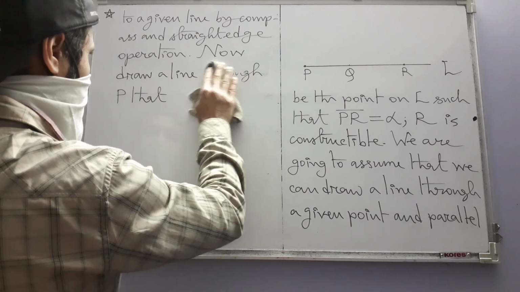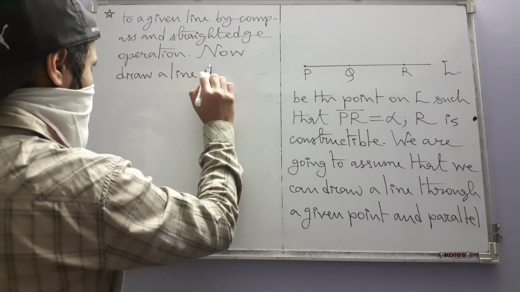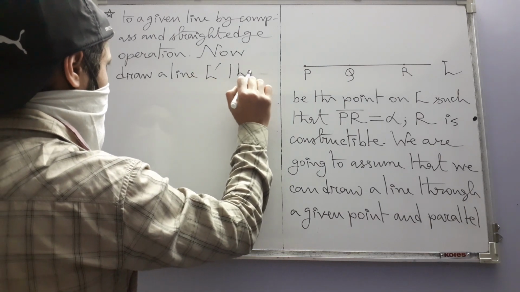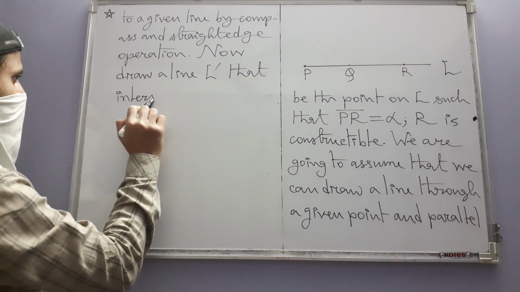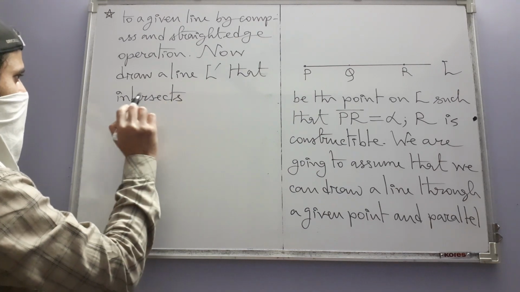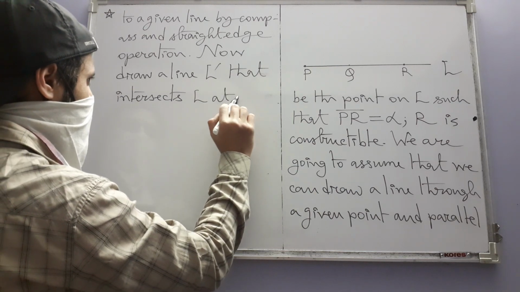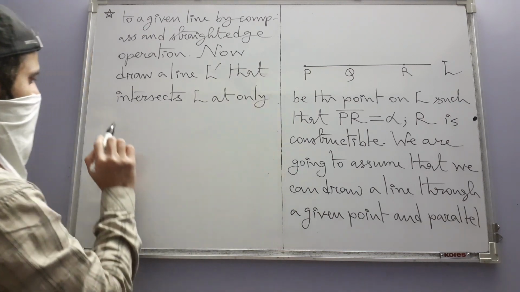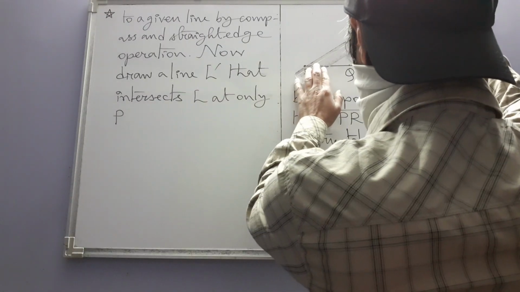Draw a line L prime that intersects L at only P, something like this.